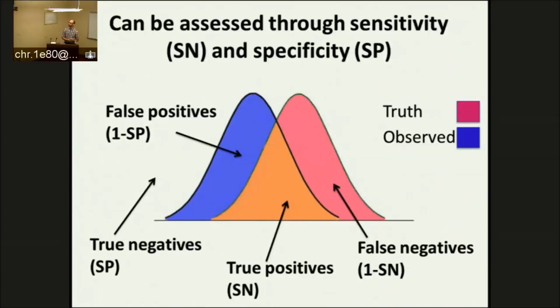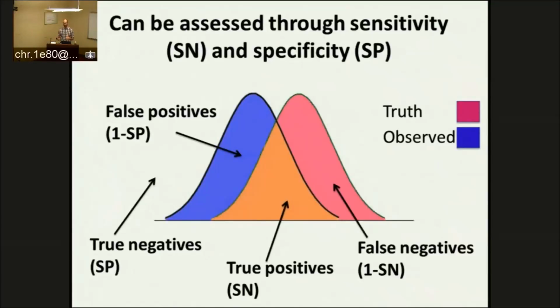This graph right here can help figure out how misclassification can arise and how we can use sensitivity and specificity to measure misclassification. In the pink, that's the truth. Let's go back to the smoking example again. Their actual smoking history is the truth.